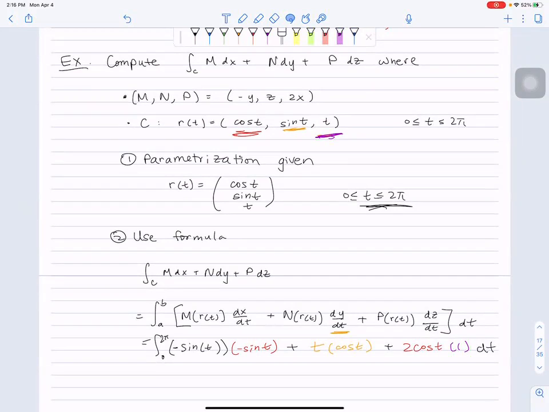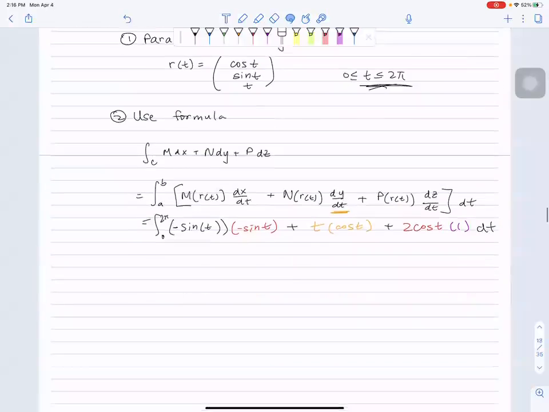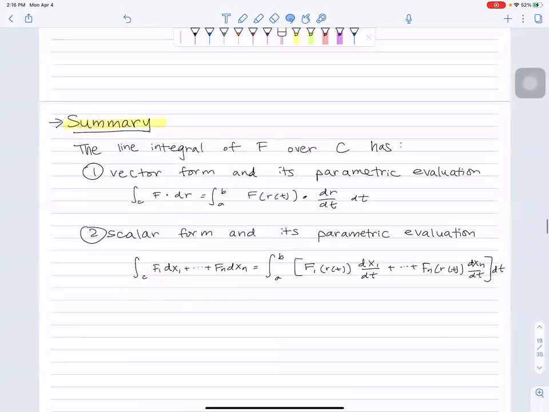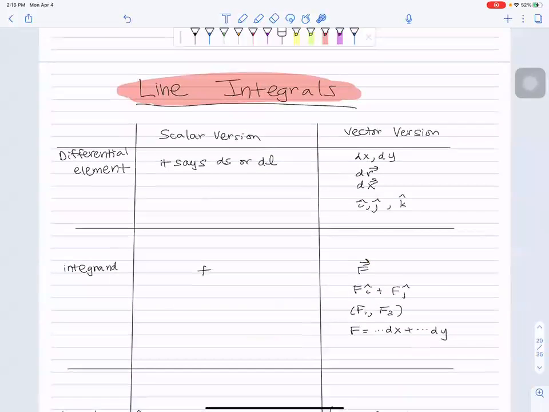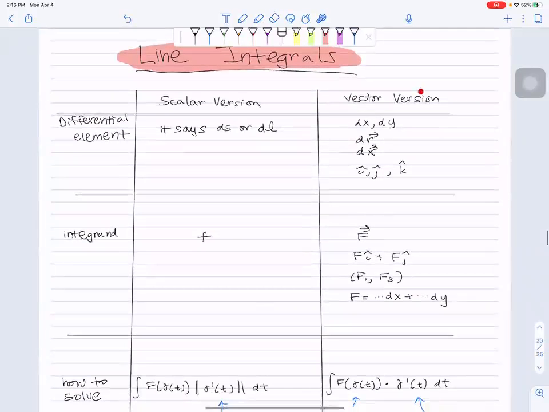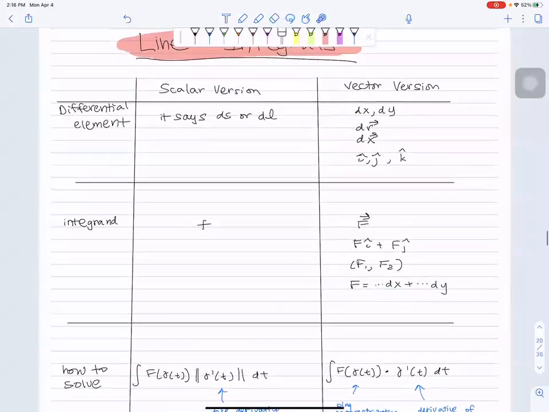So in summary, we have the line integrals and we have two forms over vector fields, vector form and scalar form. That summary is included here. I also wrote out a nice chart with the scalar version and the vector version of line integrals, and what the differential elements would look like, because you've probably seen there are lots of different ways to write things and they end up being the same type of problem.